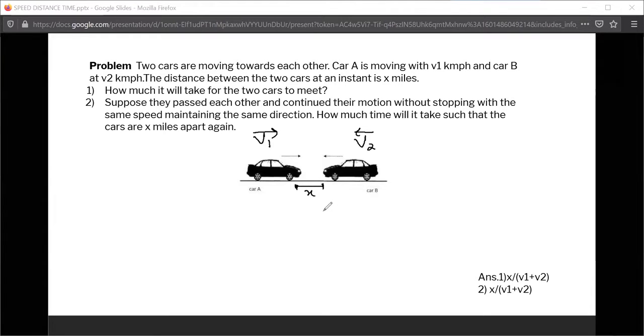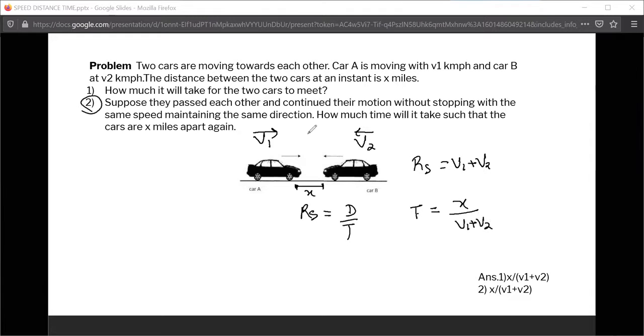Speed, the relative speed is equal to distance by time. And the relative speed here you can see is v1 plus v2. So, time equals distance x by the relative speed, that is v1 plus v2.